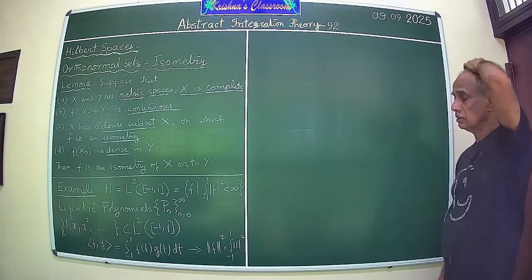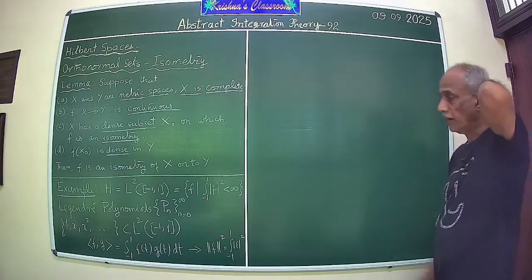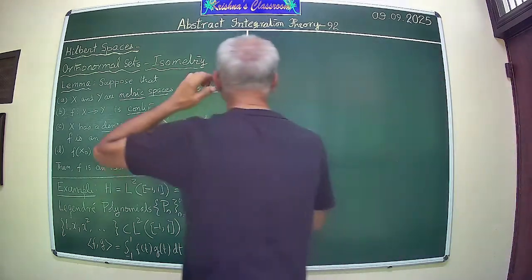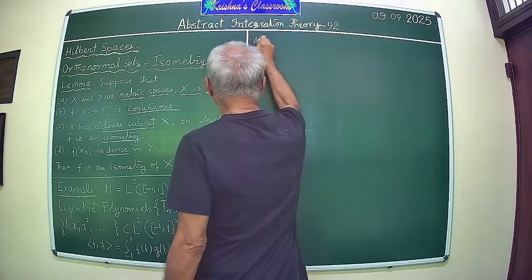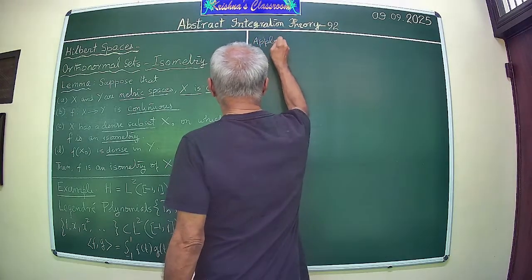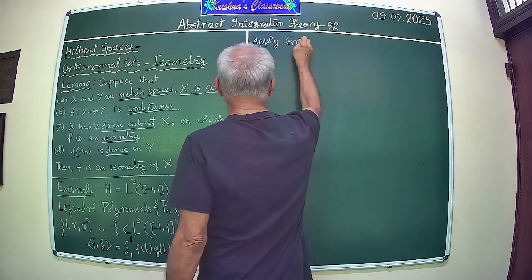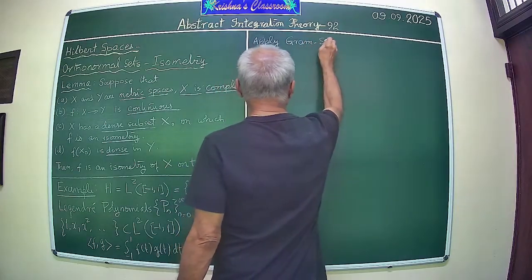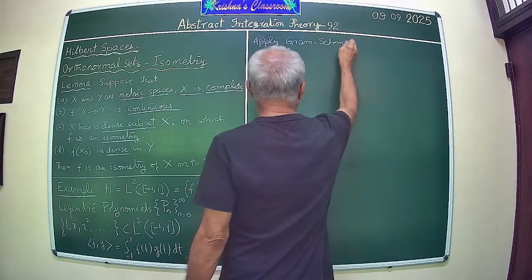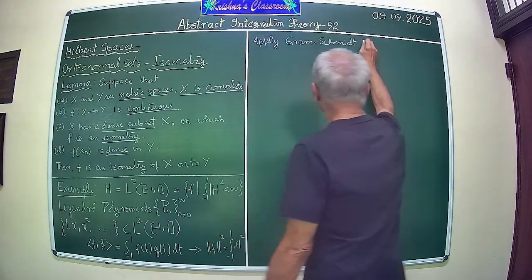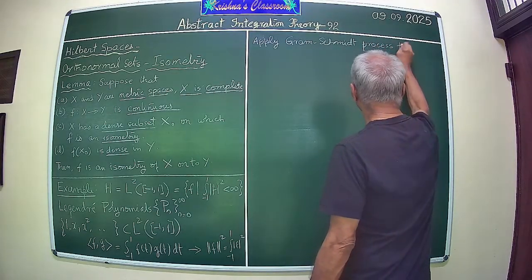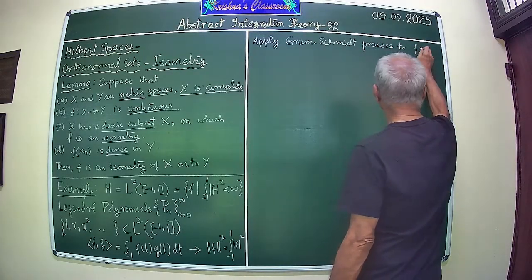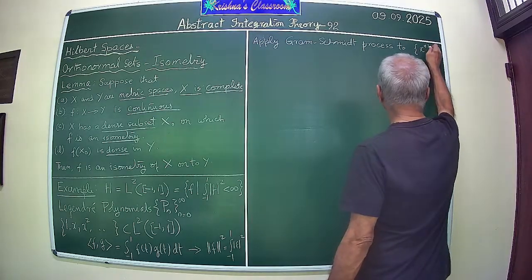Now what we do is, you are familiar with the so-called Gram-Schmidt process. Apply the process to the polynomials x to the power n.